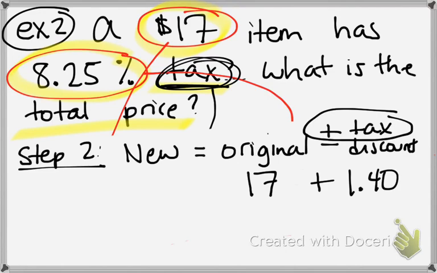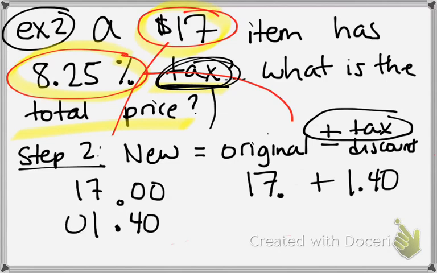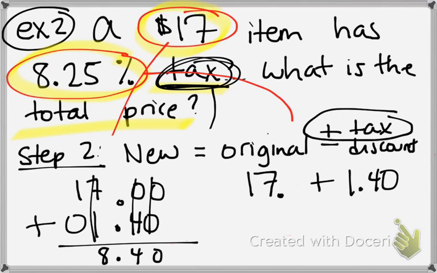Okay, so whenever we add decimals, we need to line up the decimals. So on 17, the decimal is right after the 17. So we can add in 2 zeros and a 0 here if it makes it easier for us. So your final price is going to be $18.40.